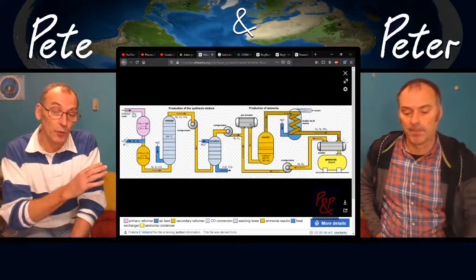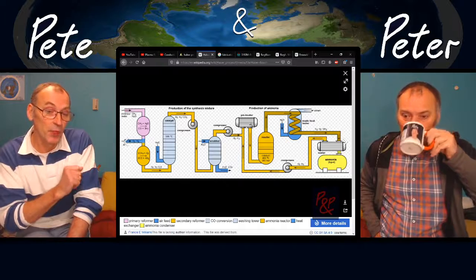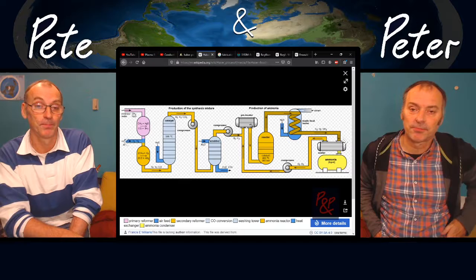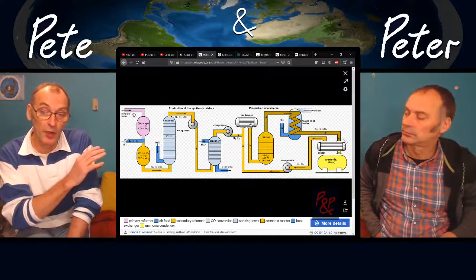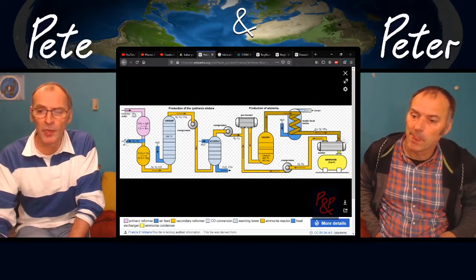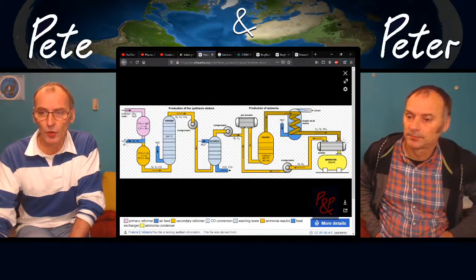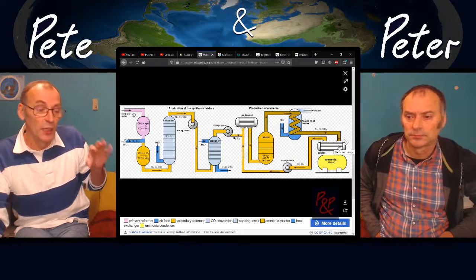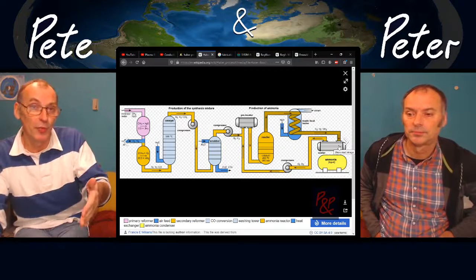One of the things that is worth pointing out about the whole process is simply that there is water present throughout the whole process. So it's unsurprising that the gases, when they come out of this one here, which is your heat exchanger, and then into your cooler, can condense to form a liquid called ammonia, because there is water present.